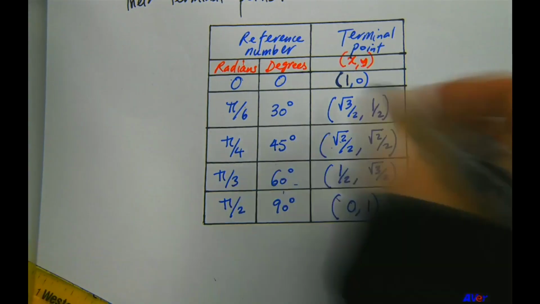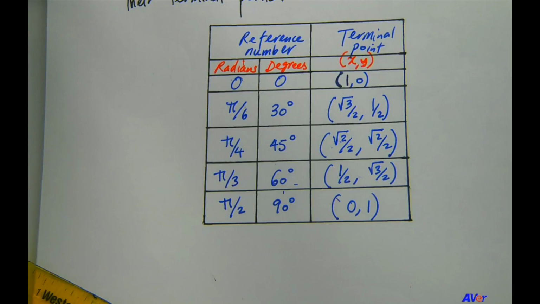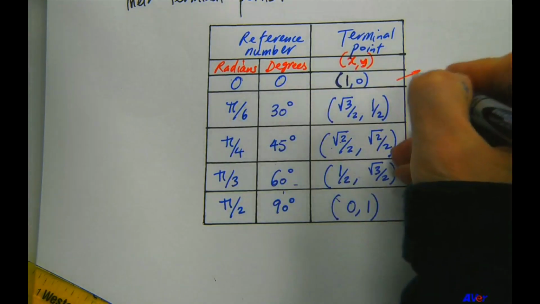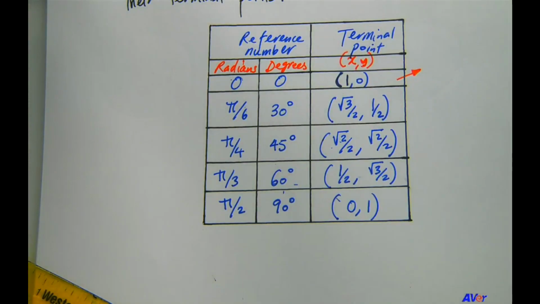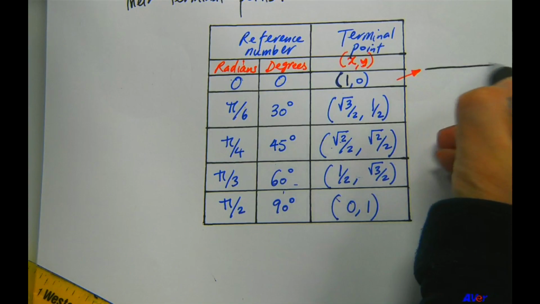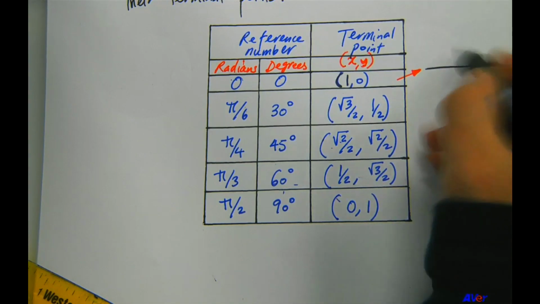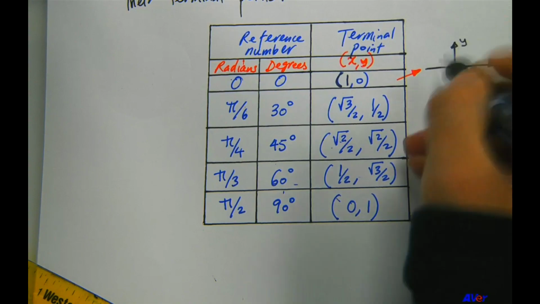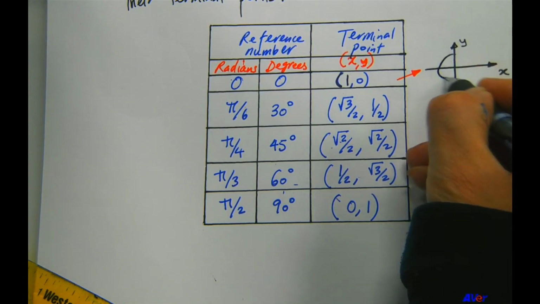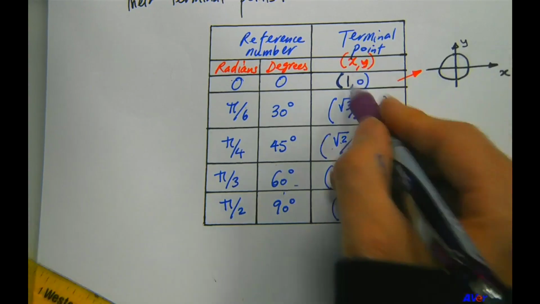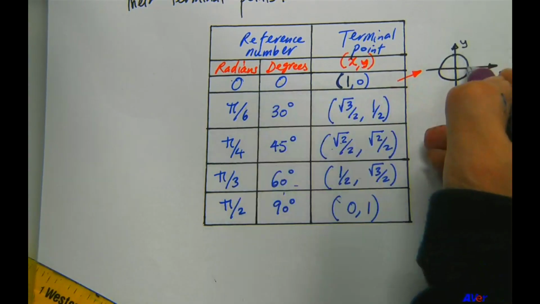So for example, for this first one, for 0, if we draw a little graph, I'll draw it quickly like that. And if we have a circle centered at the origin, then the 1, 0 angle is right here.